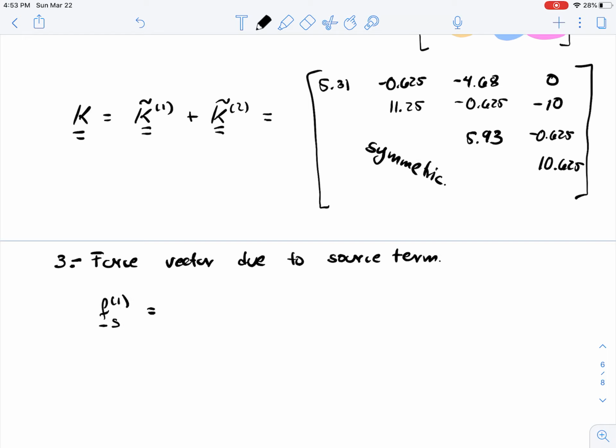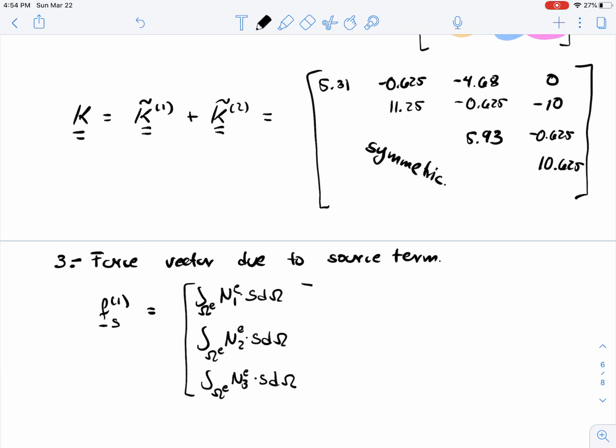So for element 1, this one will be the integral over the element of the first shape function times the source term, integral of n2 times the source term, integral of n3 times the source term. And in general, you would have to do this integral, which might be a little bit complicated.